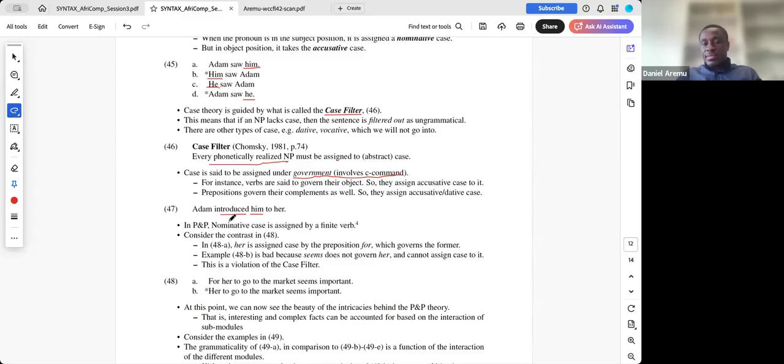And so it assigns accusative case to him. And then to her also, we also have another case. So this one is debatable. You can say it assigned accusative or dative. So Adam introduced him to her.